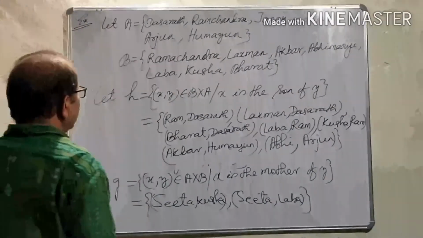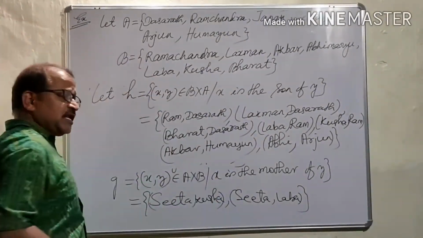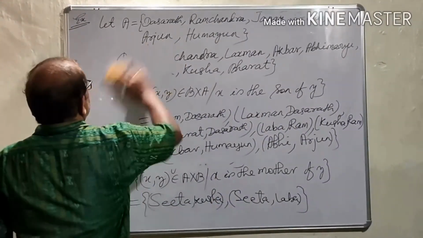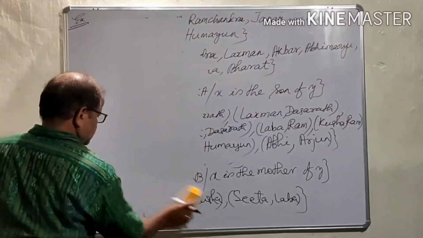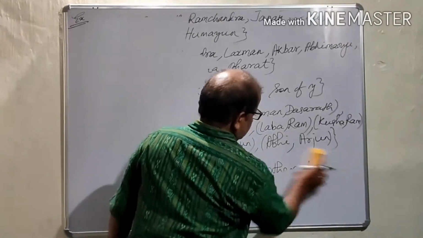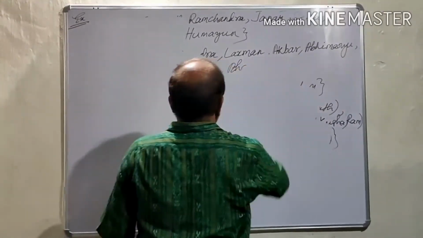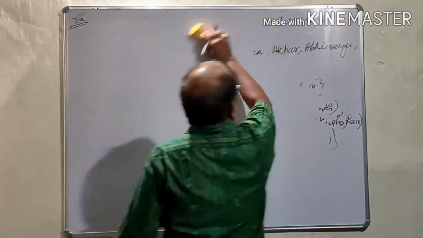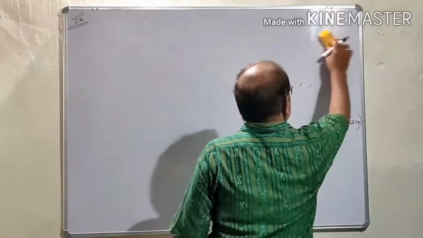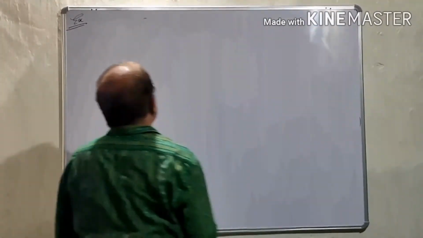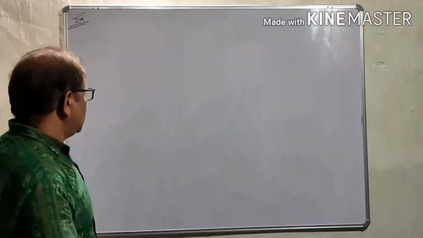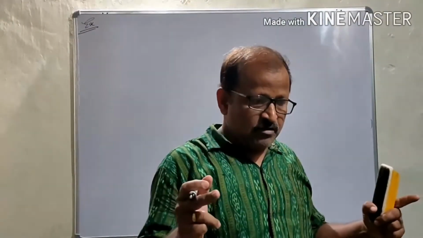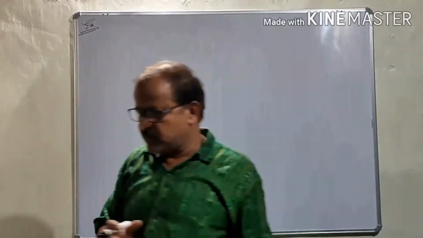Similarly, we can write a one-one relation, taking another example. You find an example where the social relationship is one-one, where one is related to one itself.